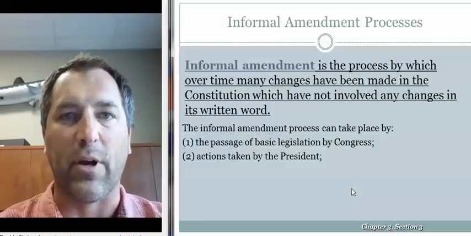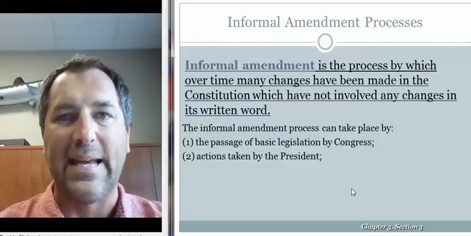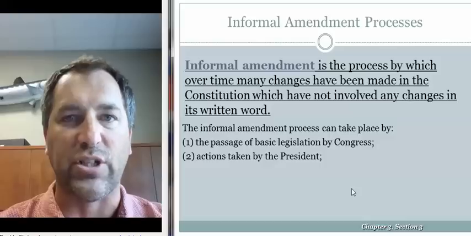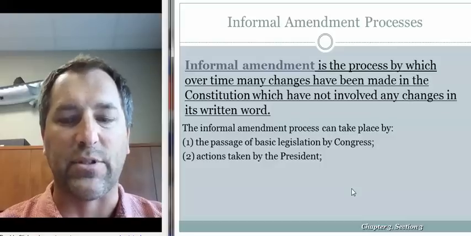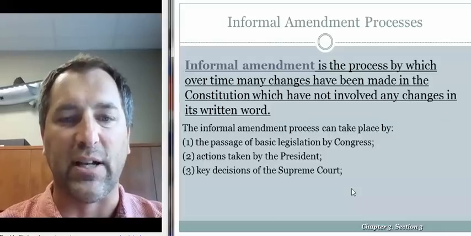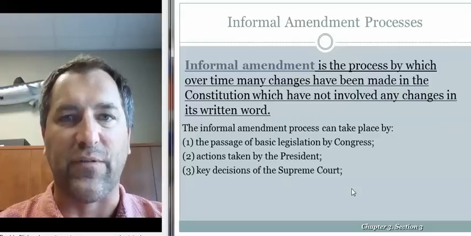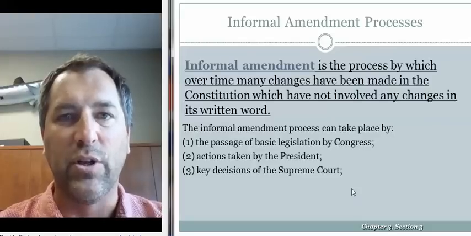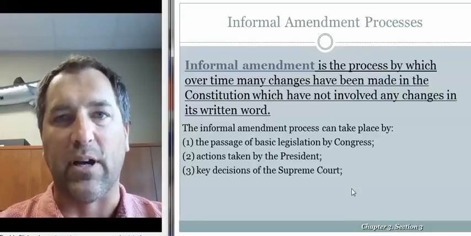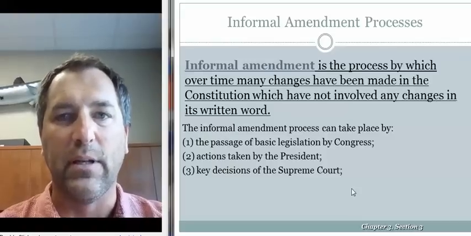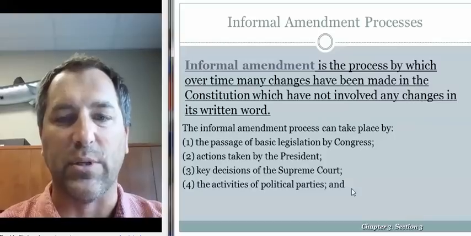Over a process of years, if a president acts a certain way and it's not checked or balanced by the other two branches, it then in effect becomes a change to the Constitution. So all three branches, by their actions, if not checked by the other branch, would de facto become sort of an amendment, or what we call an informal amendment to the Constitution and how we do business.